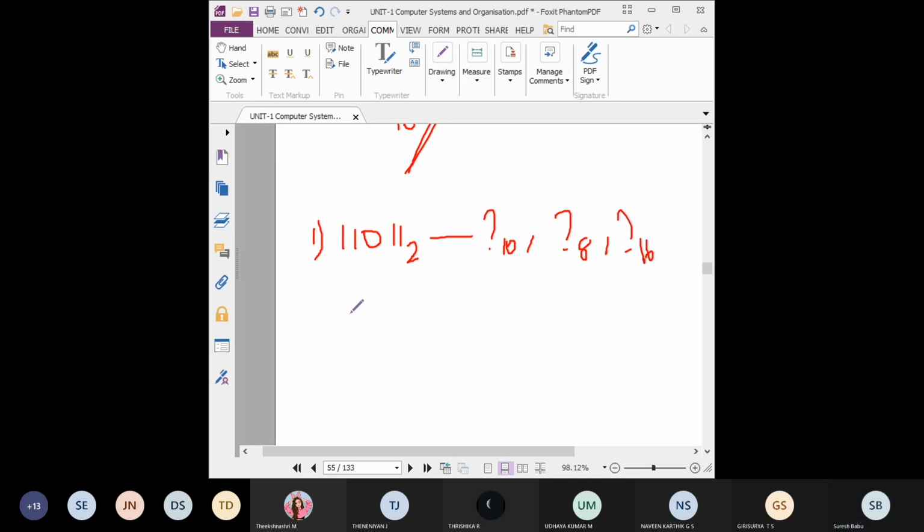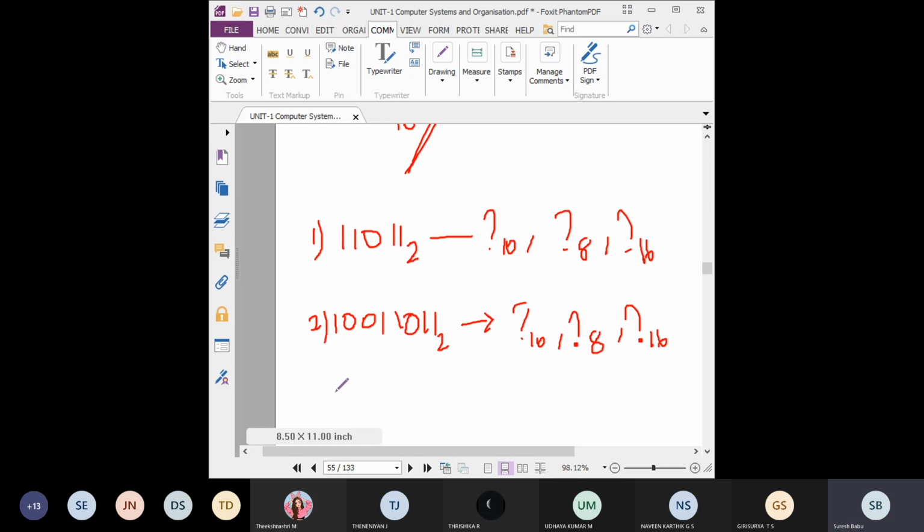Then second homework, 100111011. Students noted? Its equivalent decimal, octal, hexadecimal. Students, everyone noted the homework? Yes, sir.